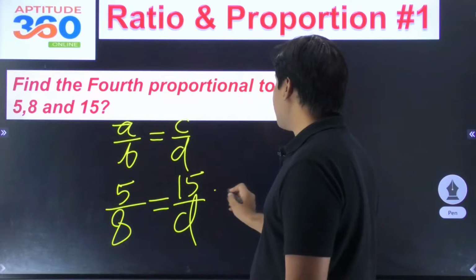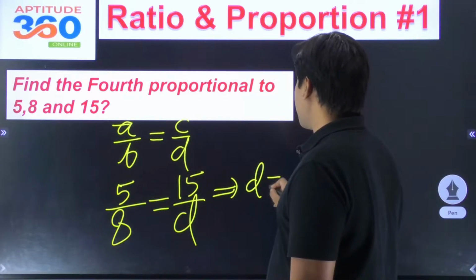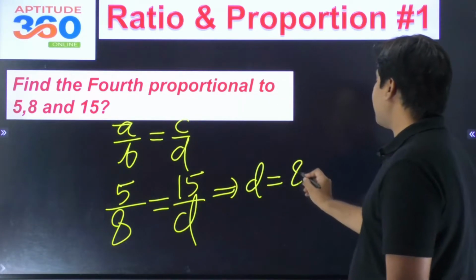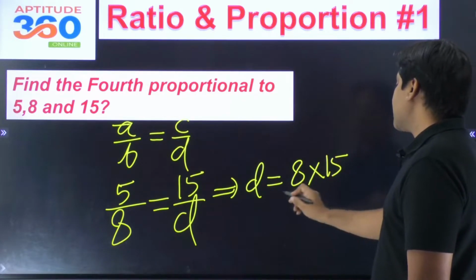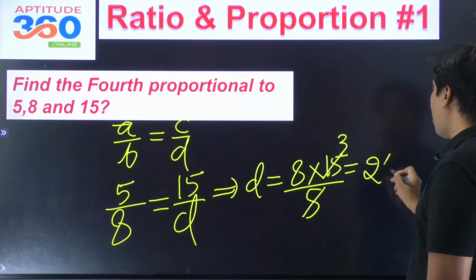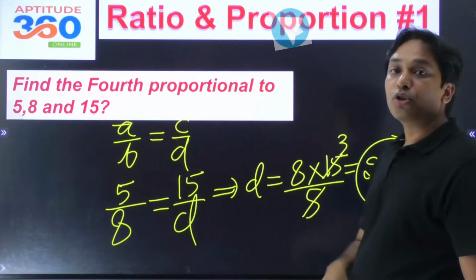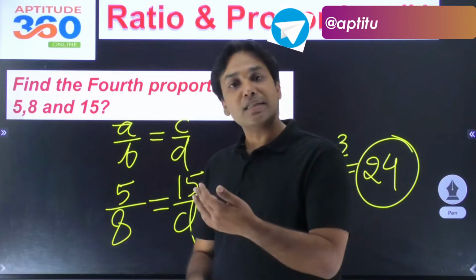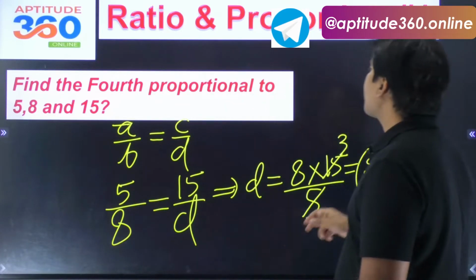What is going to be the value of d? d can be written as what? Do the cross multiplication. You're going to have 8 into 15 divided by 5. The value of d, or the fourth proportional, is coming out as 24, right?